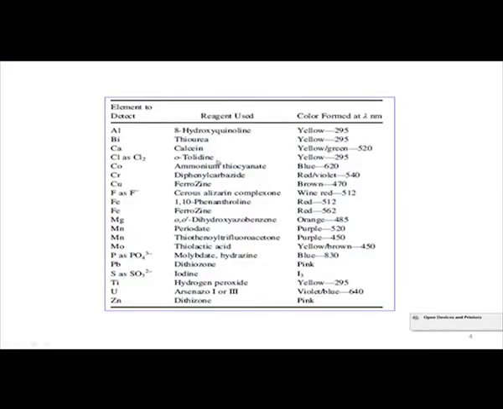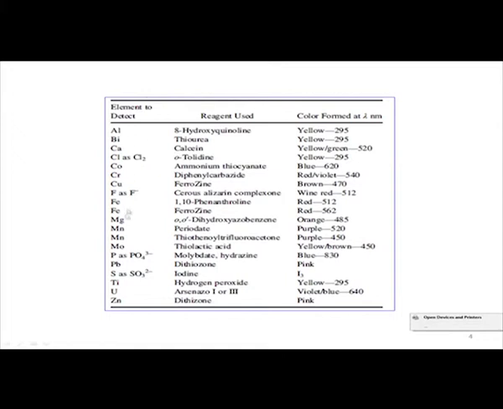So, this coloration for 8-hydroxyquinoline, which is yellow, is in a range very far from the corresponding visible range, and it is strongly yellow only at 295 nanometer. So, it is close to 300 nanometer basically. But the instrument can detect it, but it is very difficult to detect through our naked eyes. Okay.